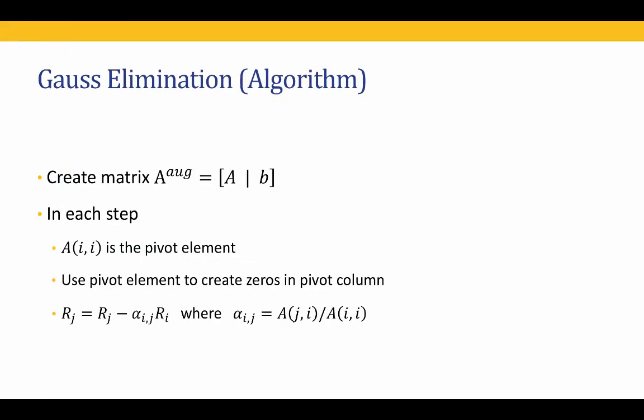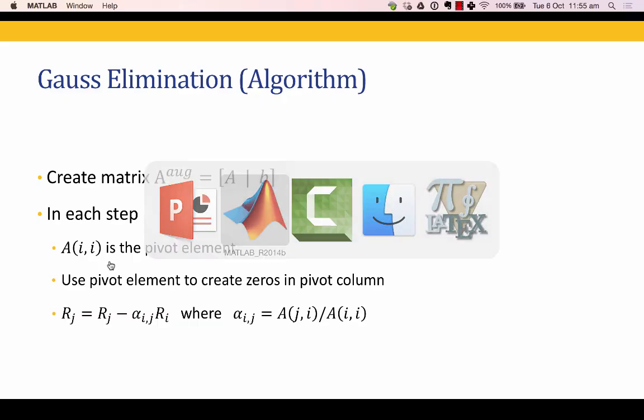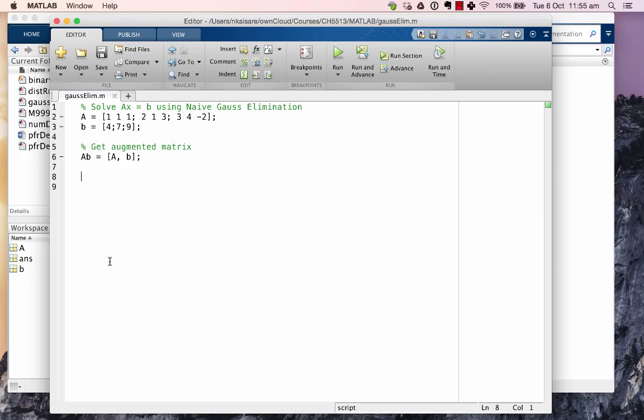Okay, let's go back. Now at each step Aii is the pivot element. So first we will have A11 as the pivot element, then we will have A22 as the pivot element, and finally A33 as a pivot element. We don't have to do anything with A33, mainly because row number 3 is the last row. So let's actually do this.